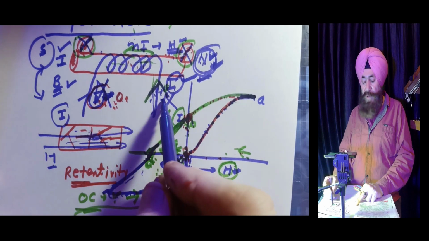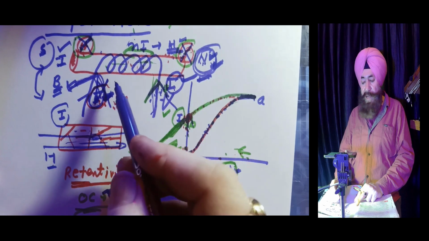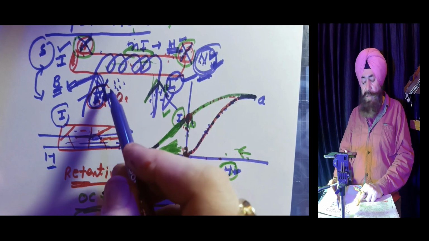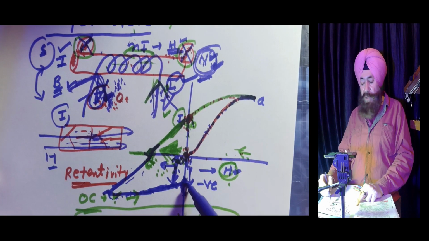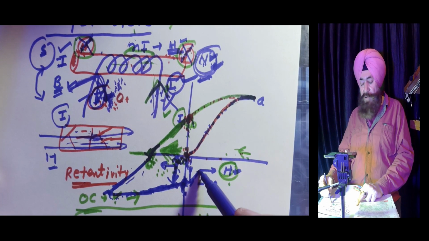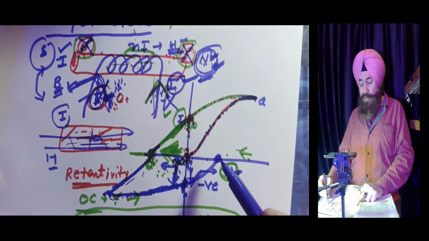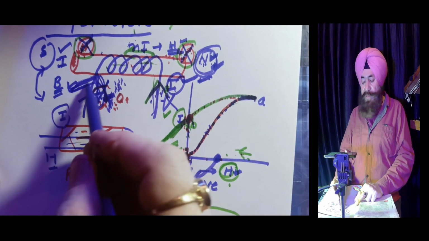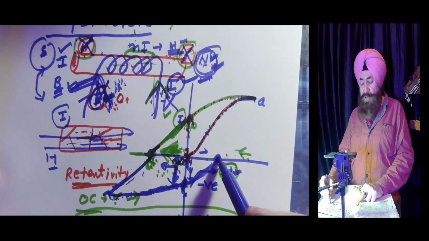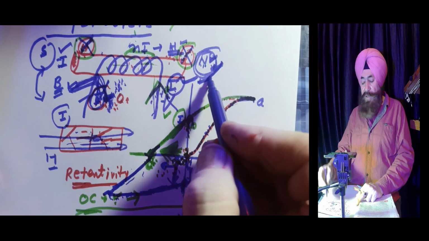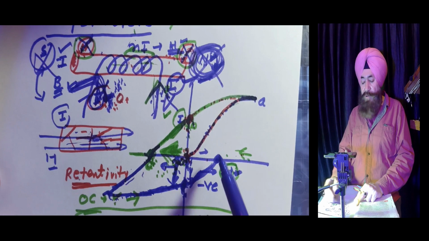Now what do you do? Again reverse the current. Now current is made to flow again along this direction, and you make it increase. The residual magnetization decreases. Ultimately, at some positive value of H, the negative I reduces to 0.